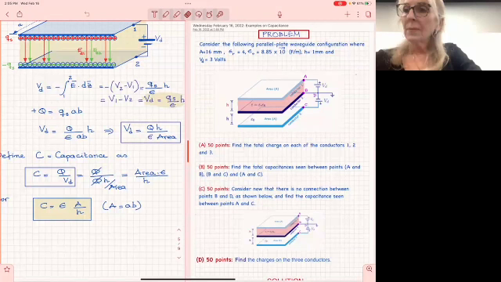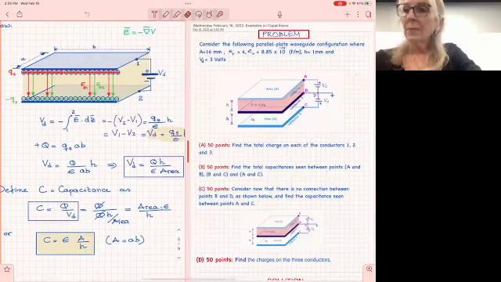Okay, one very important question. Think about this and then you will respond. If I were to take this on the left and replace the yellow material with a magnetic material, it has a mu.